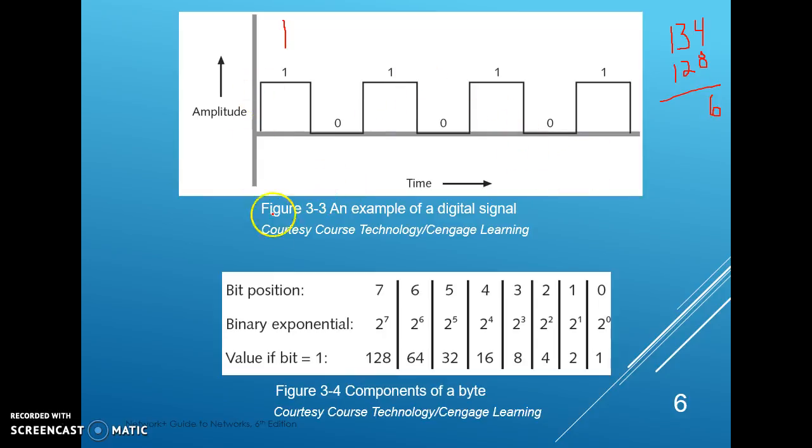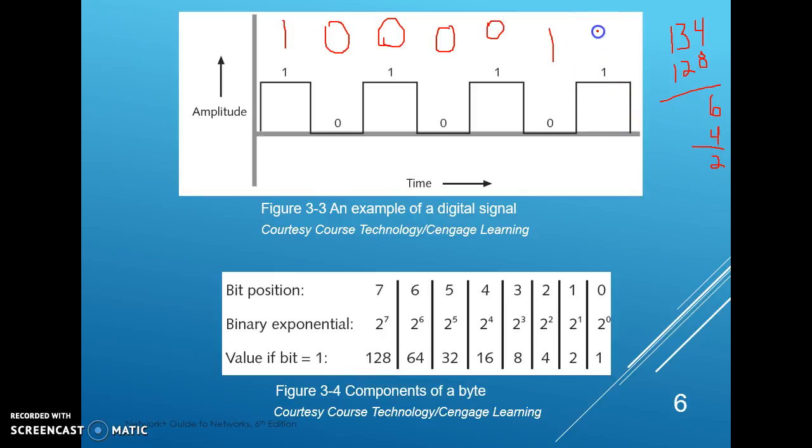Then we ask ourselves another question. Go to the next column. Does 64 go into 6? No, it does not. Does 32 go into 6? No. Does 16 go into 6? No, it does not. Does 8 go into 6? No, it does not. Does 4 go into 6? Yes, 4 does go into 6. So we subtract the 4 from the 6, and now we have 2.